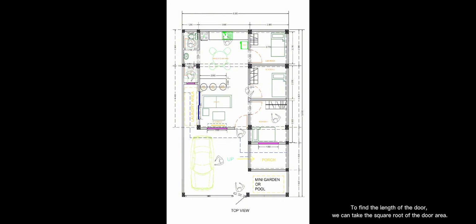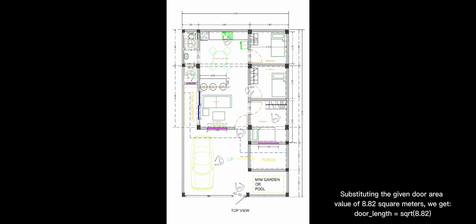To find the length of the door, we can take the square root of the door area. The square root of a number gives us the value that when multiplied by itself equals the original number. Mathematically, door length equals square root of door area. Substituting the given door area value of 8.82 square meters, we get door length equals square root of 8.82.